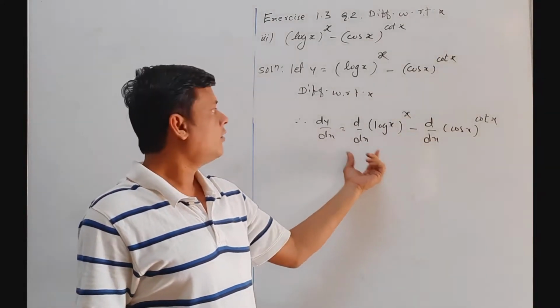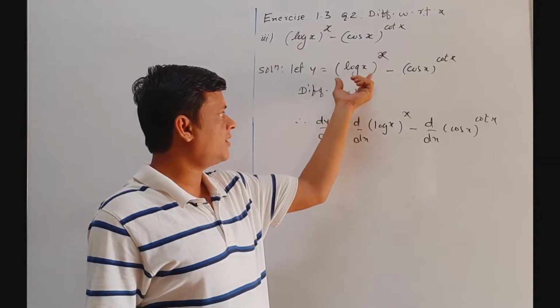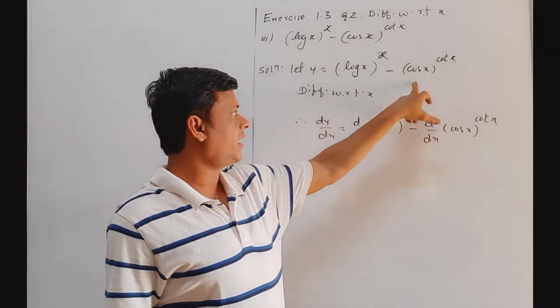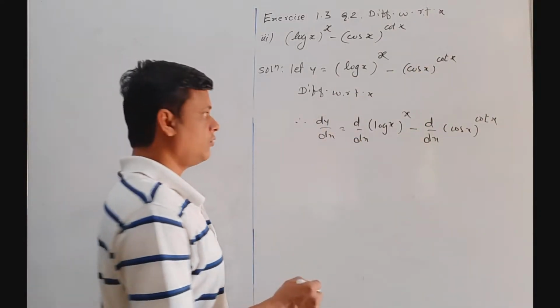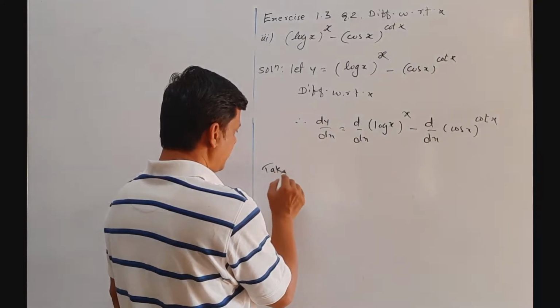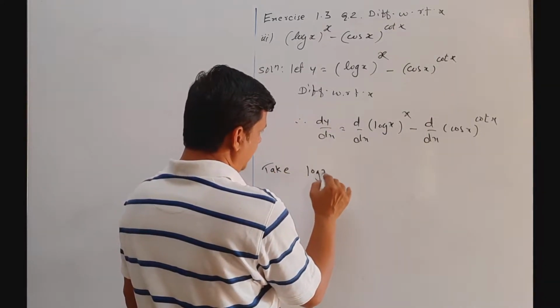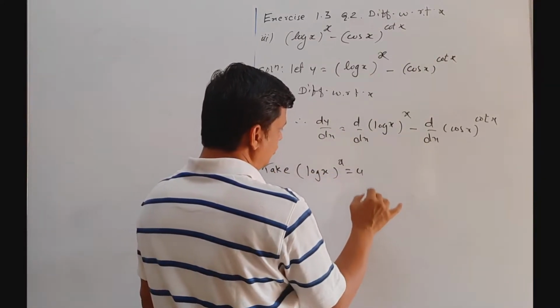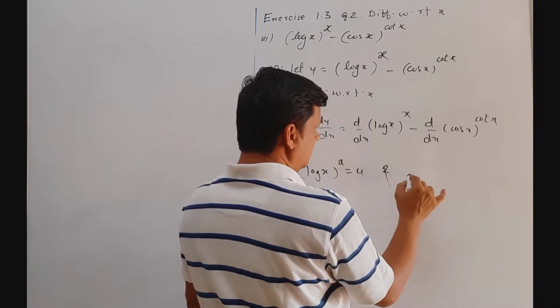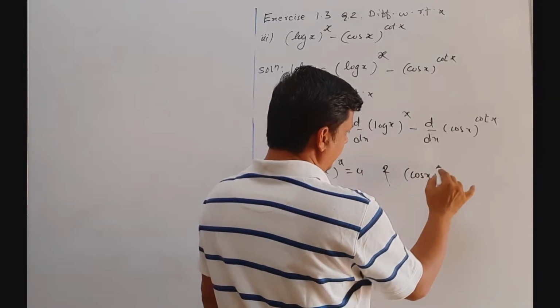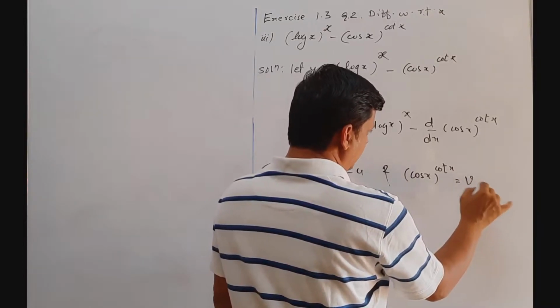So for that we consider the first function as u and the second function as v. Take (log x)^x = u and (cos x)^(cot x) = v.